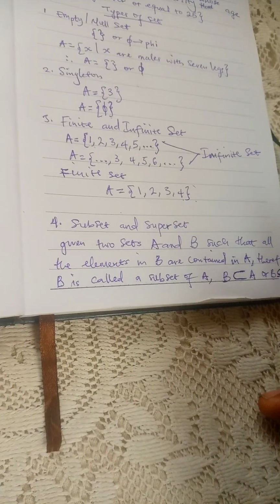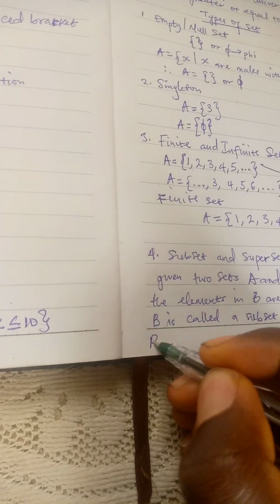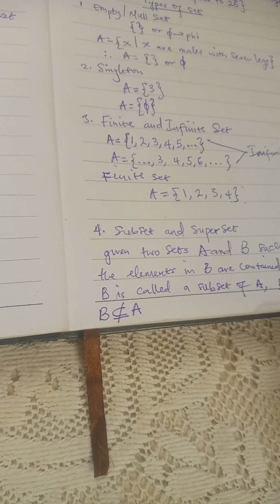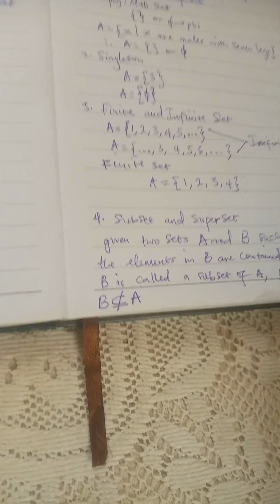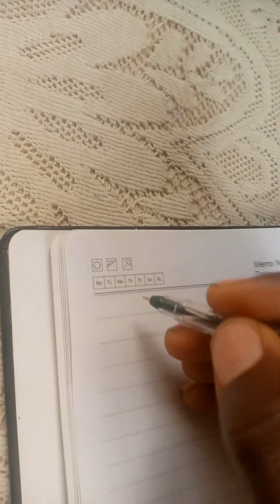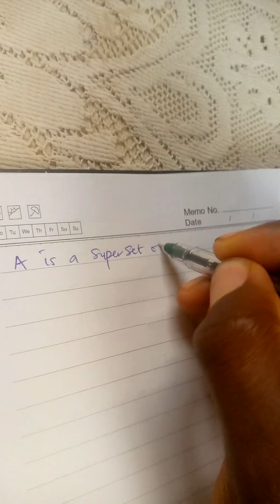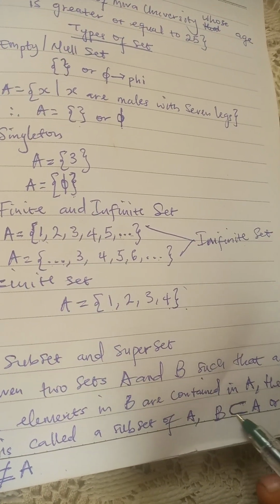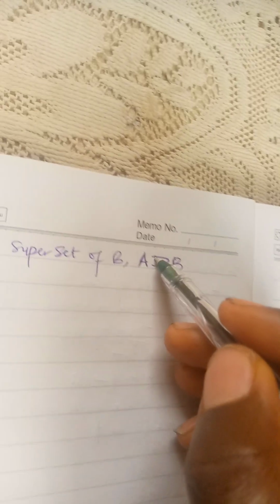If B is not a subset of A, it can be written this way: B, not a subset of A. Now, for A being a superset of B, it is written as A, a superset of B. You can see that subset is facing this way, while superset is facing this way.